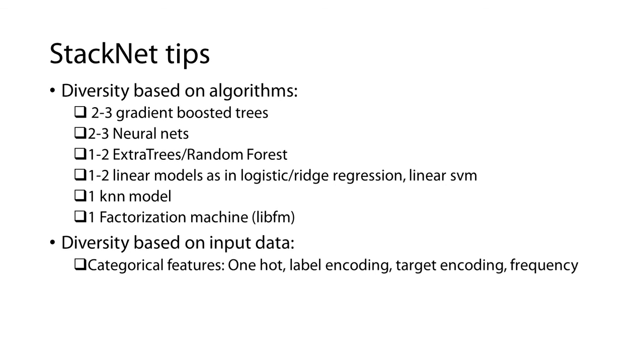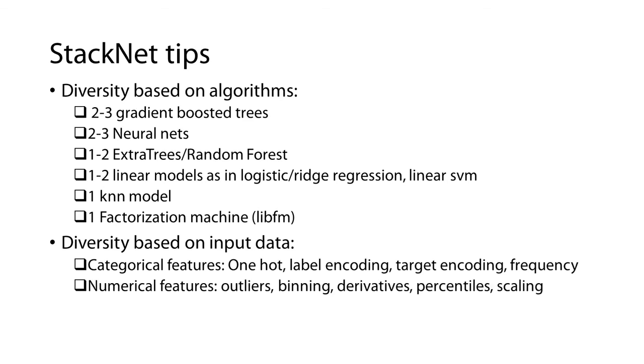For example, once you transform your data using dummy variables or one-hot encoding, the other time you replace your categories with a number of counts or the frequency of the classes, so how many times they appear. You can do the same with the numerical features. You can try one StackNet where you remove outliers. You can try a StackNet where you bin the numerical features and convert them to categoricals.